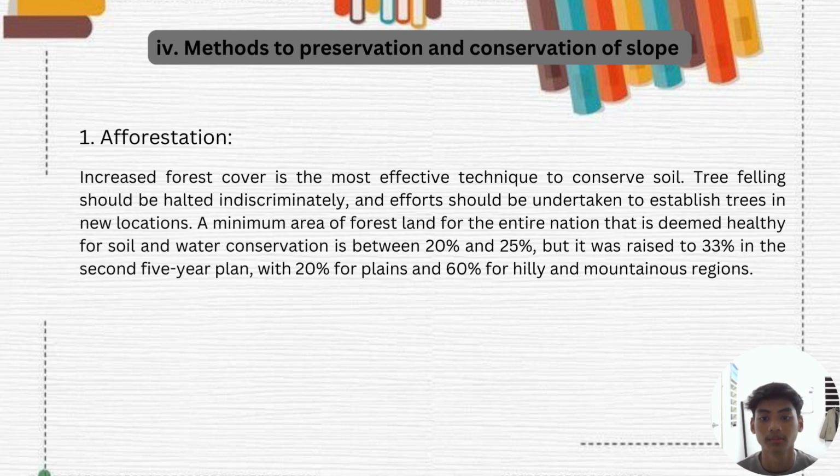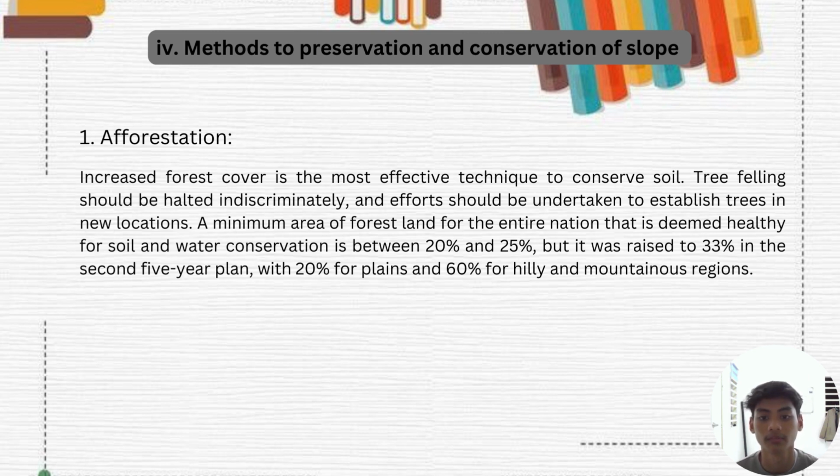Okay, next, methods for preservation and conservation of slope. First, afforestation. Increased forest cover is the most effective technique to conserve soil. Tree felling should be halted, and efforts should be undertaken to establish trees in new locations.